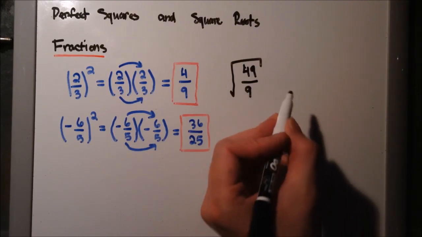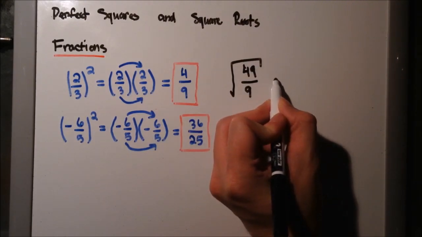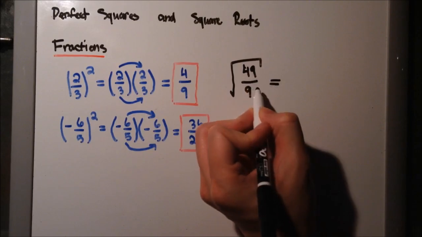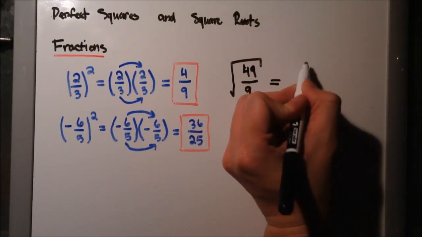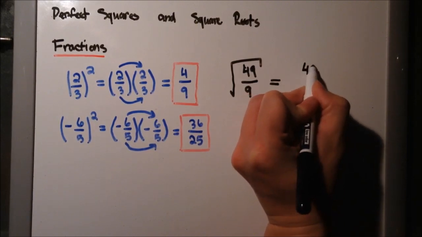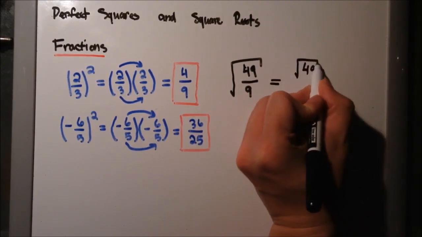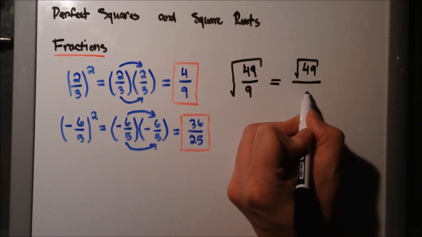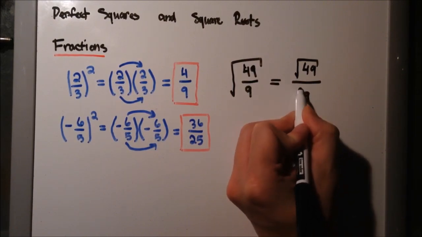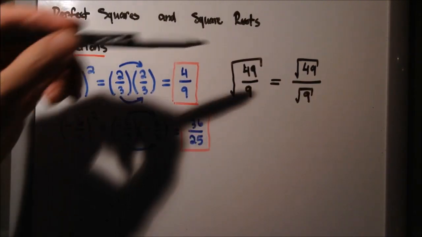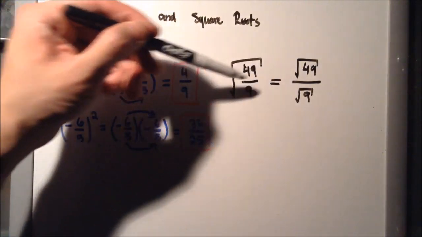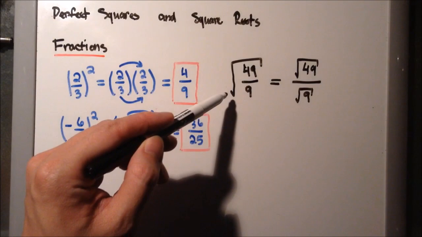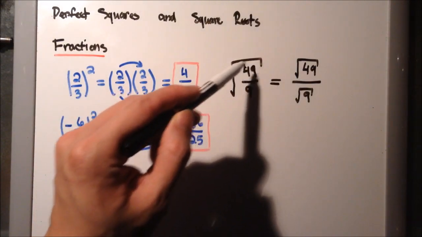So if we were to do the square root of 49/9, since it's a fraction, you can split it into two square roots. So in the numerator, it would be the square root of 49 over the square root of 9. So again, the only time you can do this is if it's a fraction and the square root is over the whole fraction. So you see how my square root covers the whole fraction?